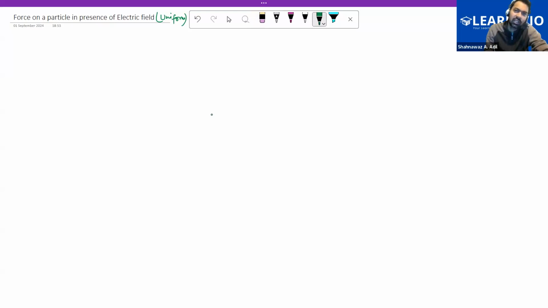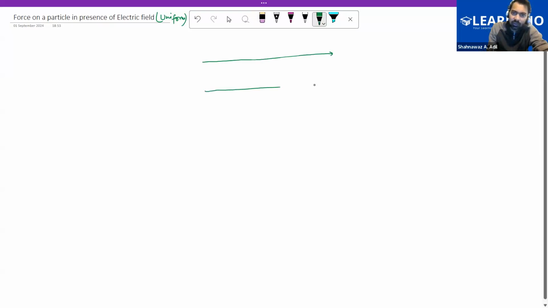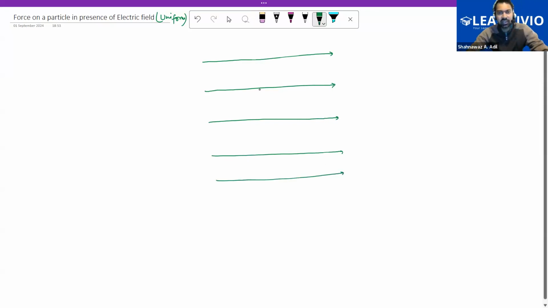We show that by writing these parallel lines, right? And they have the same separation. If the separation is different, then the field is not uniform, right? So this is the electric field, which is uniform.